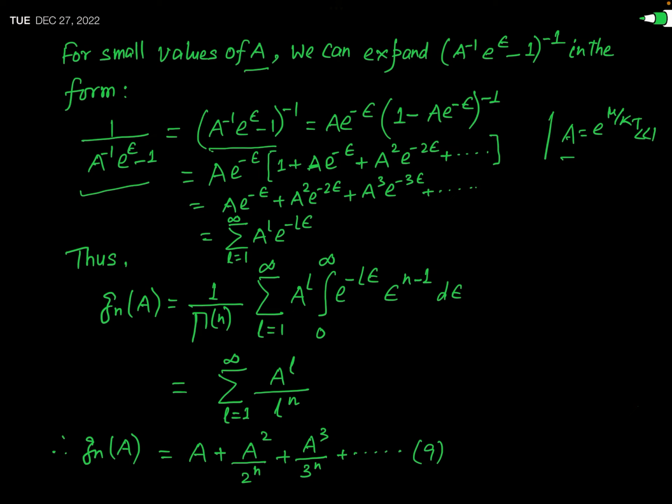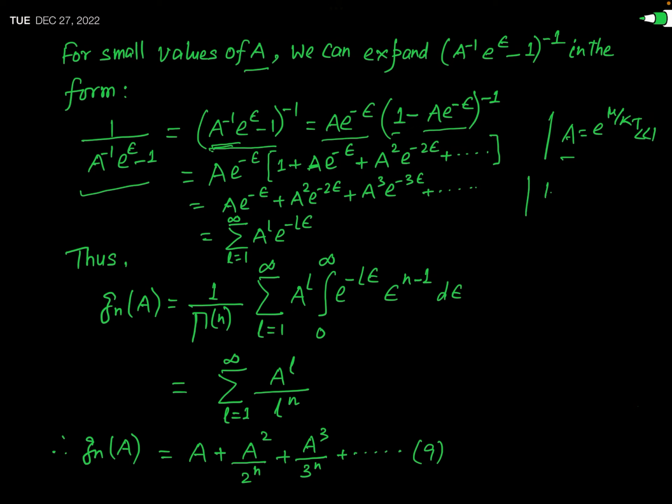Now we take the first term a inverse e to the power epsilon as a common factor, since there is a minus 1 power on the whole. So when you take it outside of the bracket, this will be a e to the power minus epsilon times 1 minus a e to the power minus epsilon, whole to the power minus 1.